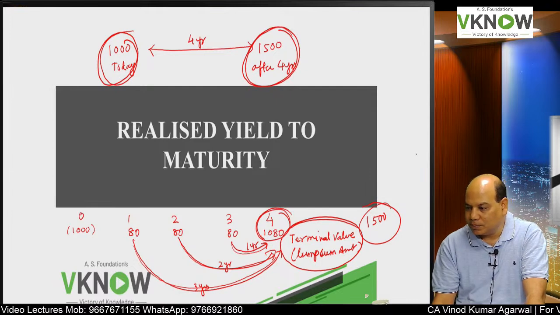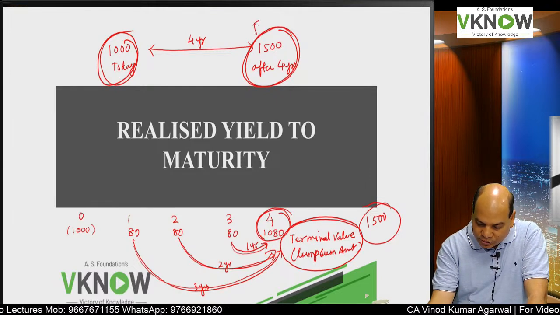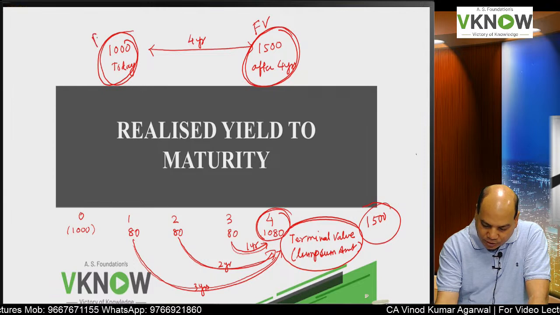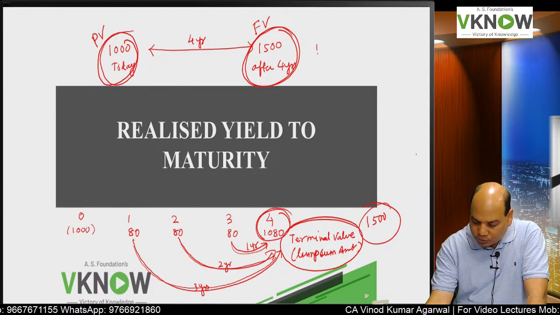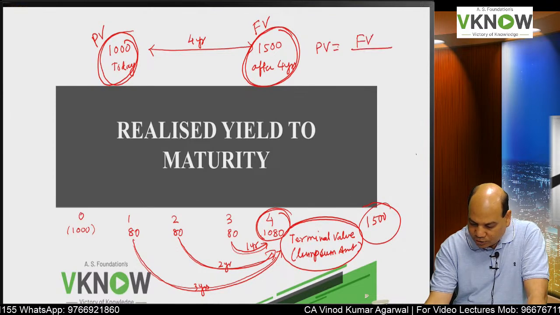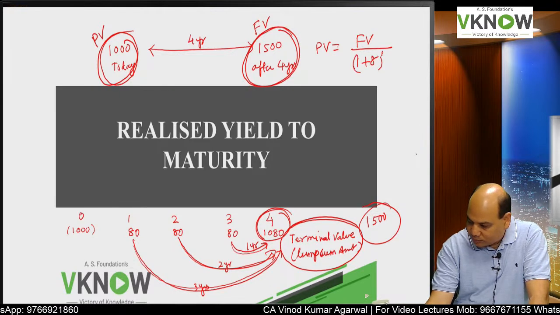So this is like future value and this is like present value. All of you know the formula. Present value is equal to future value upon 1 plus r to the power n.